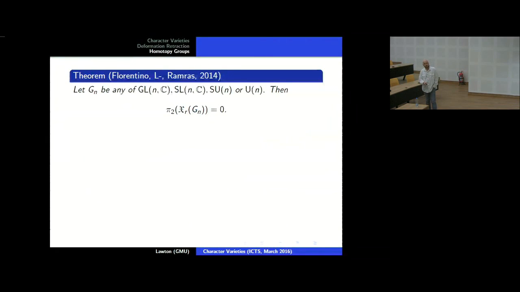Okay. So that's pi 0, pi 1, what about pi 2? With pi 2, Dan and I, when G is GL, SL, SU, or U, showed that pi 2 is always trivial.